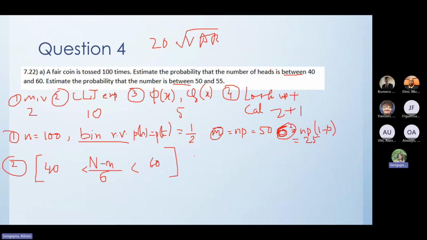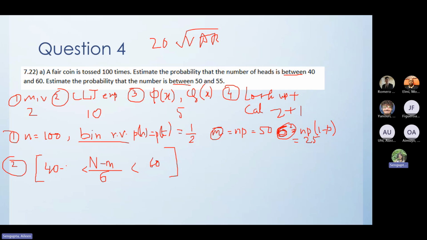So let us find out what we have already. We have N, we have the mean, that is 50, and we have sigma. This N basically is the event. So estimate the probability of the number of heads. Let's say the number of heads is N. So whatever event is going on is basically represented by the big one.